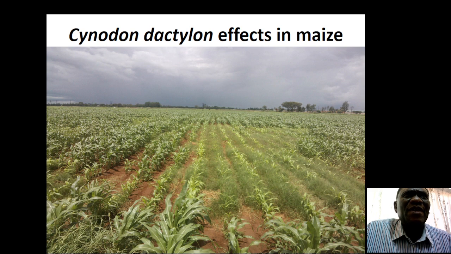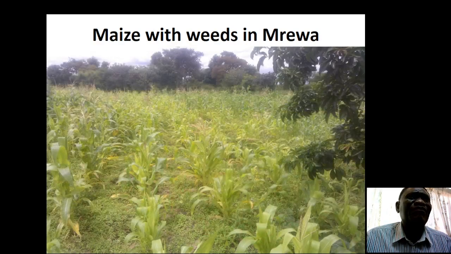Here probably we can say that yes, there is competition, but there could be also allelopathy. This could be a typical example of interference, which is caused by Cynodon dactylon.